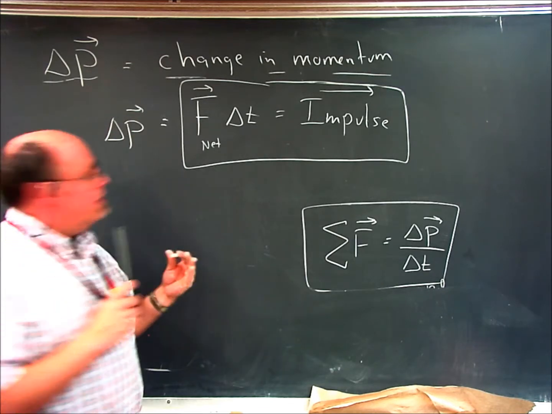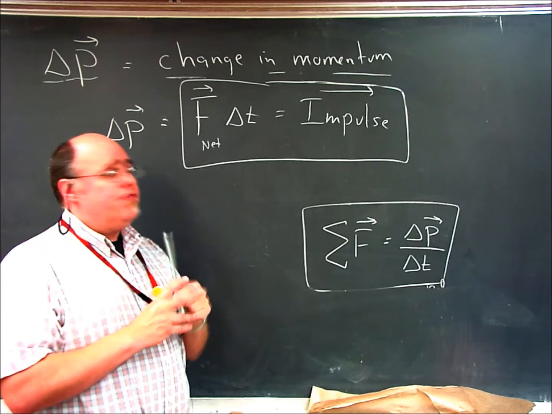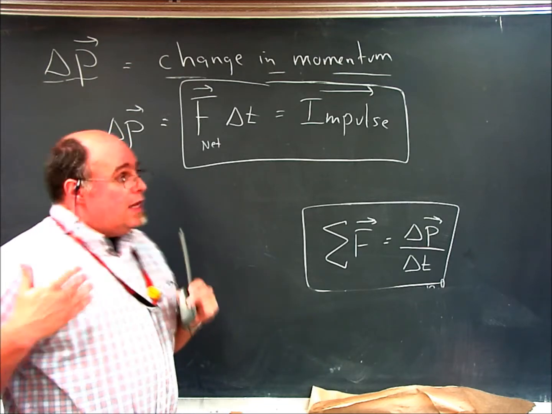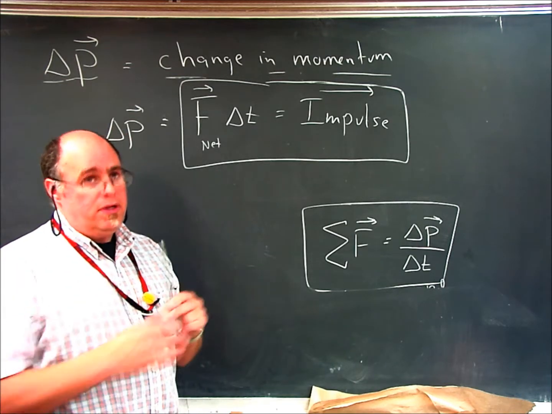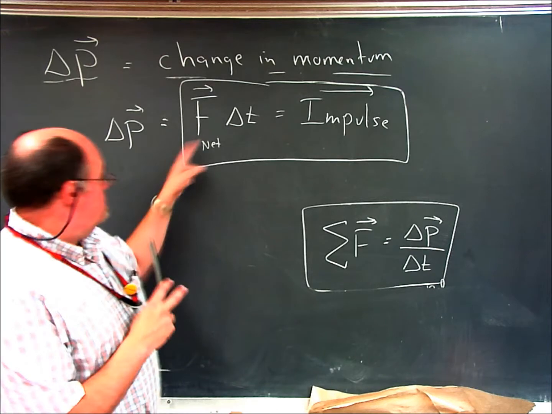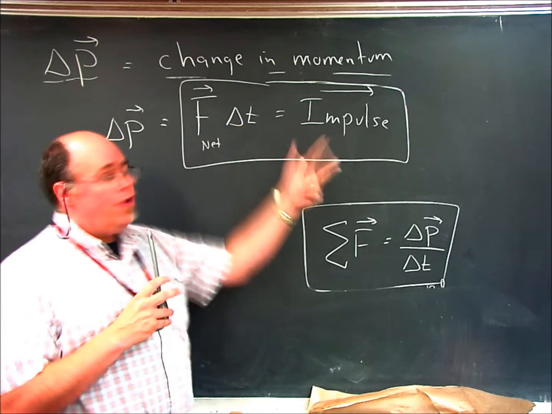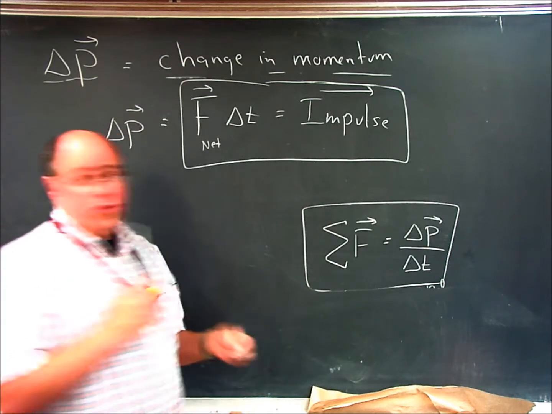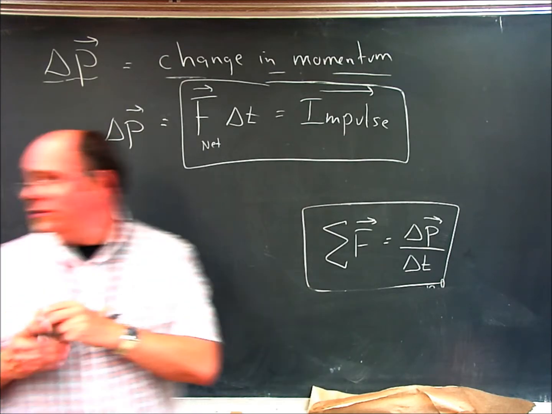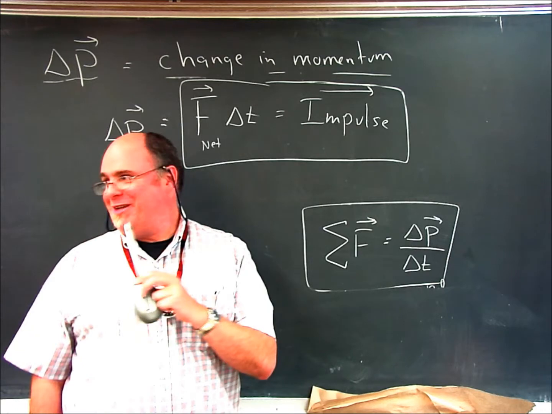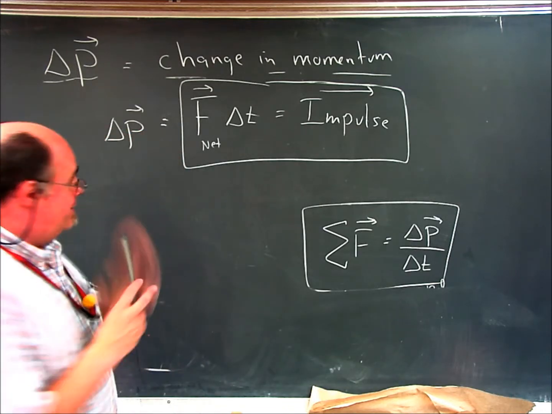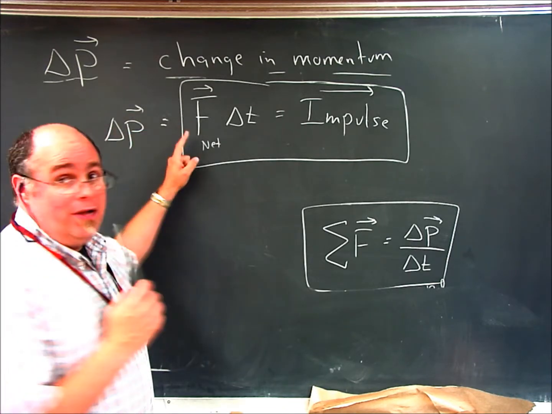And what impulse is, if somebody were to hit a wall, the impulse would be the force that's being applied to the wall times a certain amount of time, and we call that the impulse. If we rearrange it and backed it up, we would call that the impulse force.